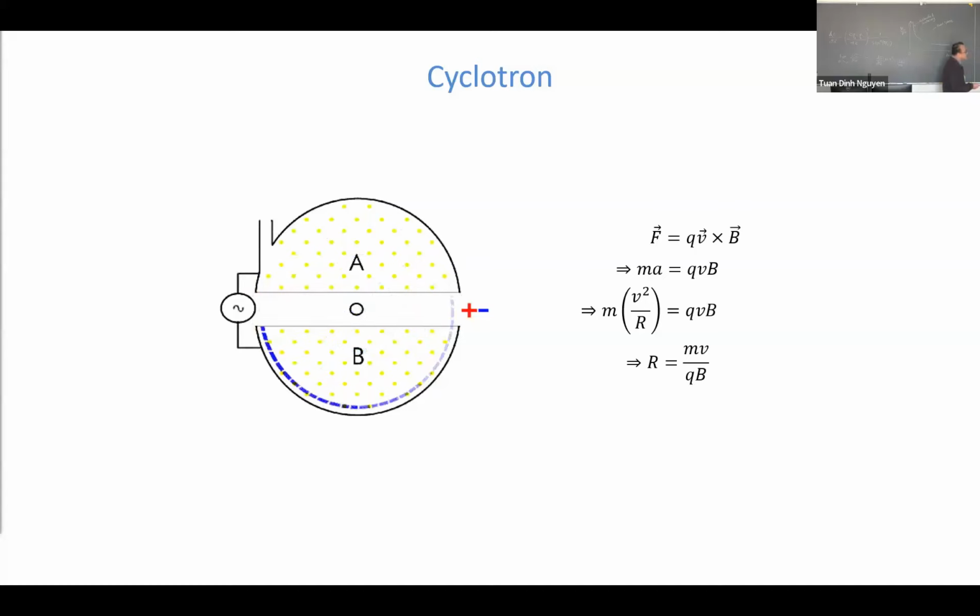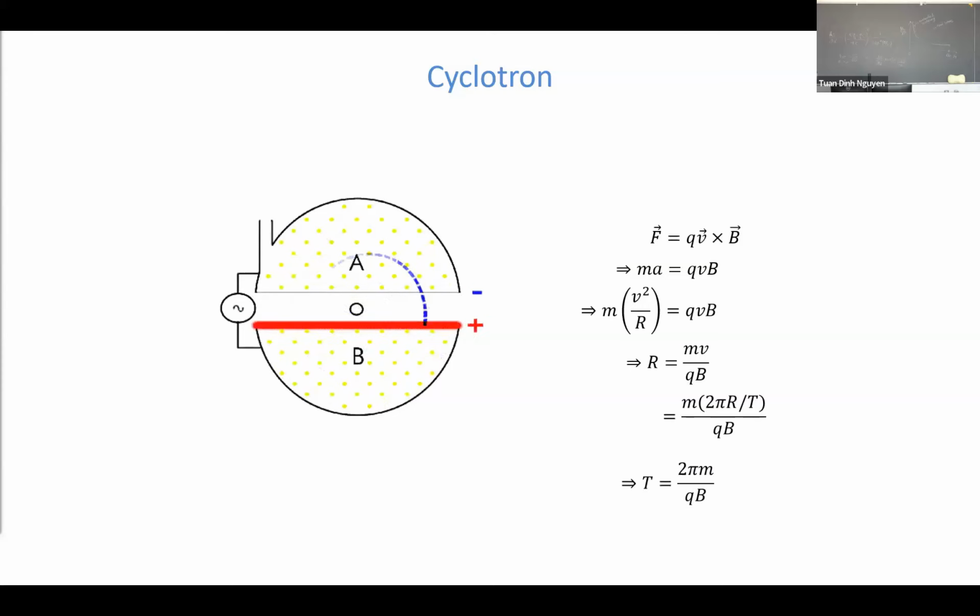Now, the speed goes as 2 pi r over T, the circumference divided by the period. And that's cool because the r can cancel. If you just solve for the period, you get this. It doesn't depend on the speed at all. It just depends on constants: the mass to charge ratio, and the magnetic field.